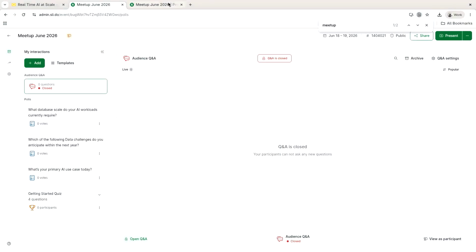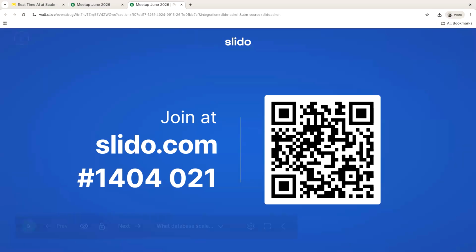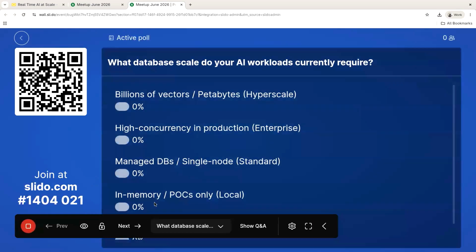So please join the Slido using this QR code. You enter your name and email. We're going to do a poll question. And like I said, we're going to use the same system at the very end for doing a short quiz that will have the price of the gift card. All right, so the first question is, let's see that this is working.